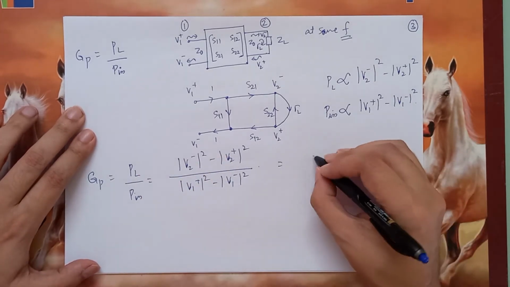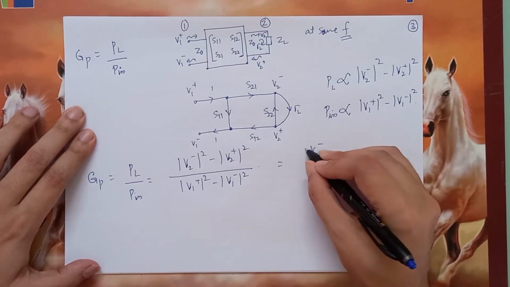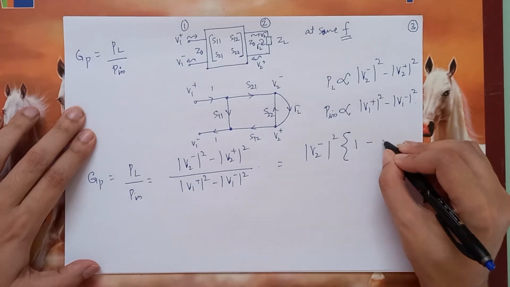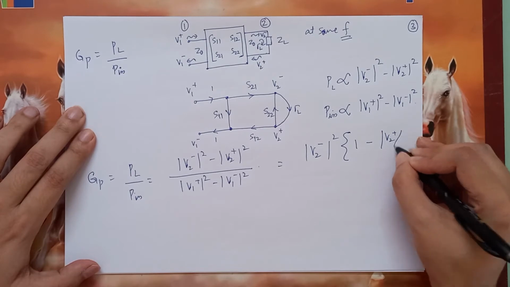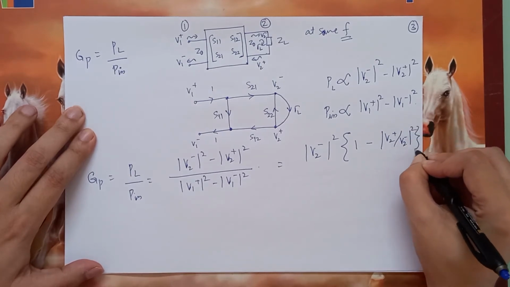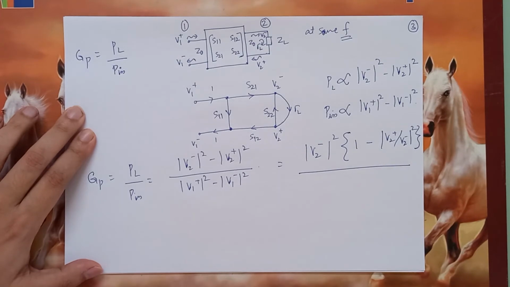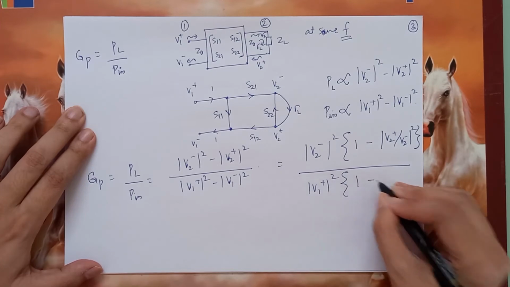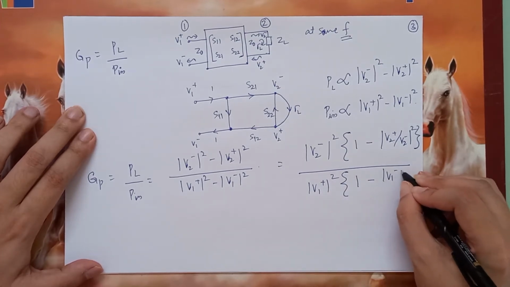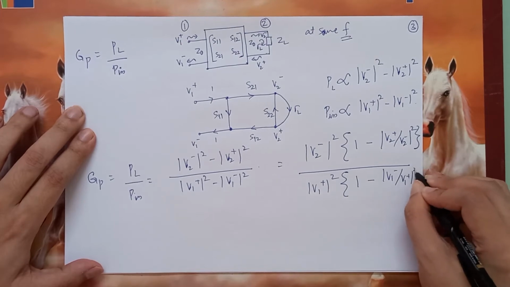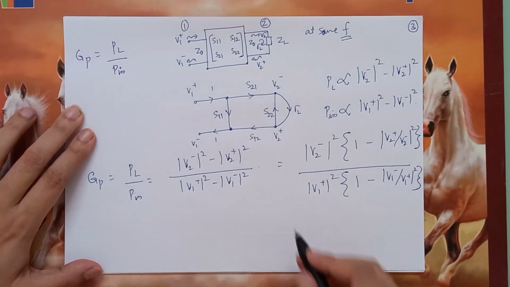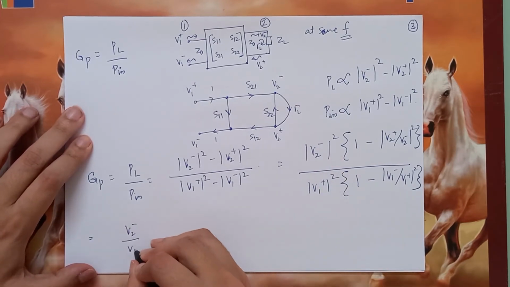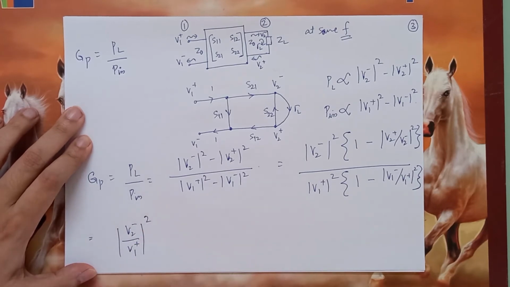If I do this, what I will get is V2 minus squared times 1 minus V2 plus by V2 minus the whole square, divided by, if I now take V1 plus as common, 1 minus V1 minus by V1 plus whole square. So what I will get now is this quantity, V2 minus by V1 plus the whole square.